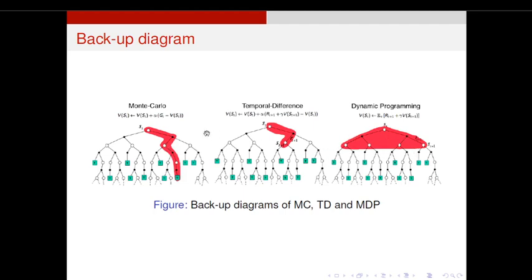The common part is that we start with ST, then shading starts from ST and goes to the action. It goes to reward RT plus 1 and comes to state ST plus 1. This part is common here. Same thing is here. So the intersection of Monte Carlo and dynamic programming leads to temporal difference in its backup diagram. The backup diagram of a model gives its structure. So structurally, temporal difference is the intersection of these two.